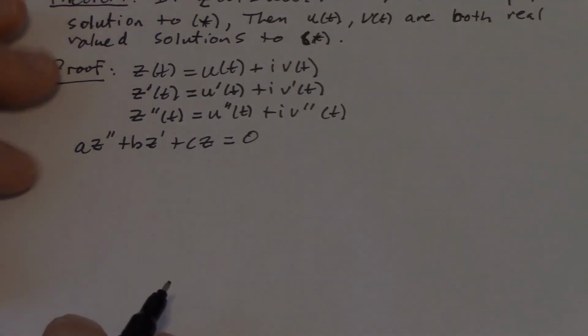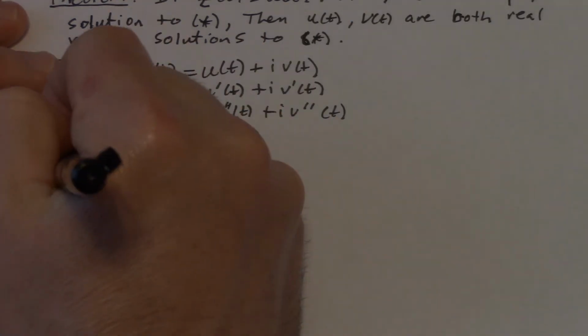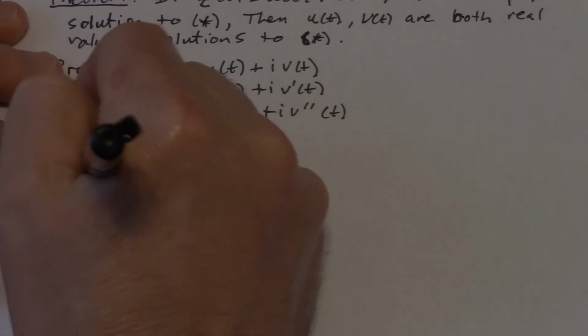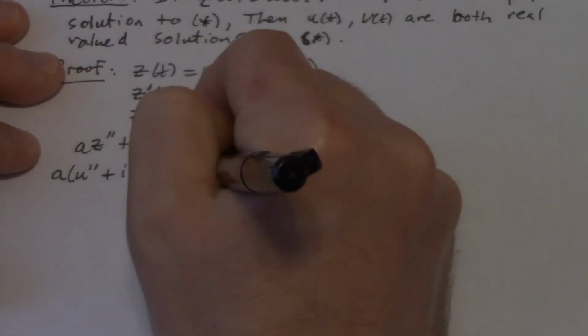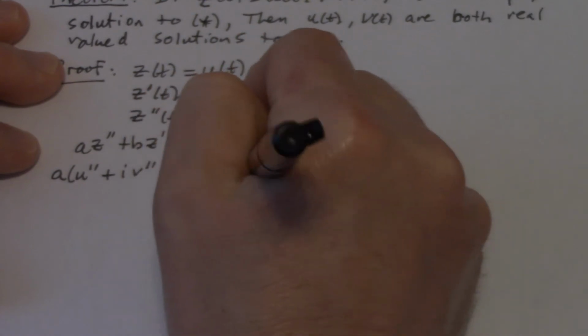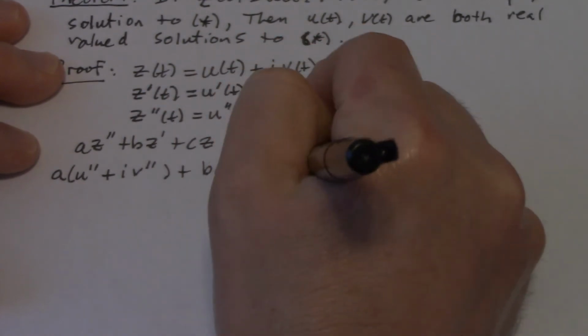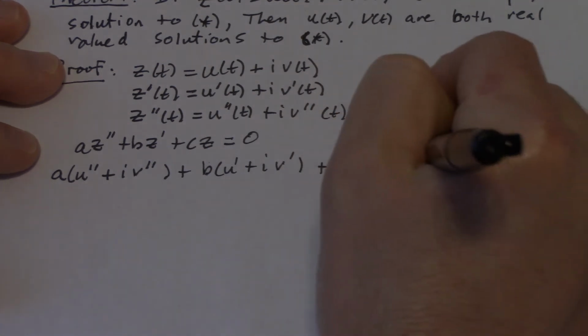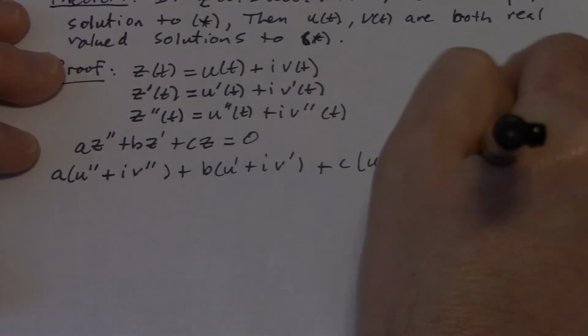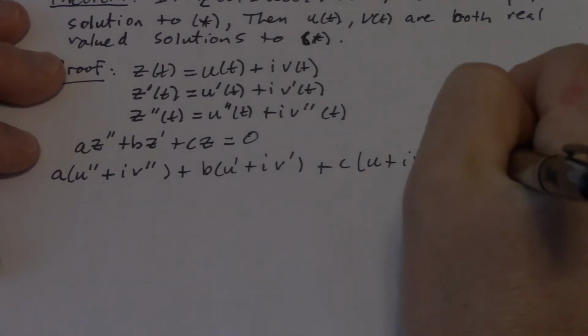Okay? So then we substitute what these things are equal to. So this is a times u double prime plus i v double prime plus b times u prime plus i v prime plus c times u plus i v. And once again, we know that's already equal to 0. That's 0, not 6.